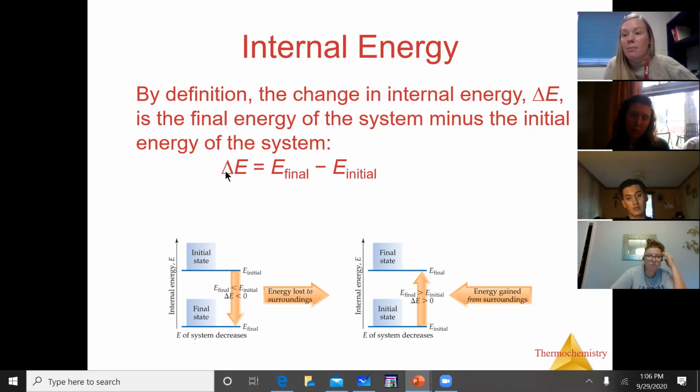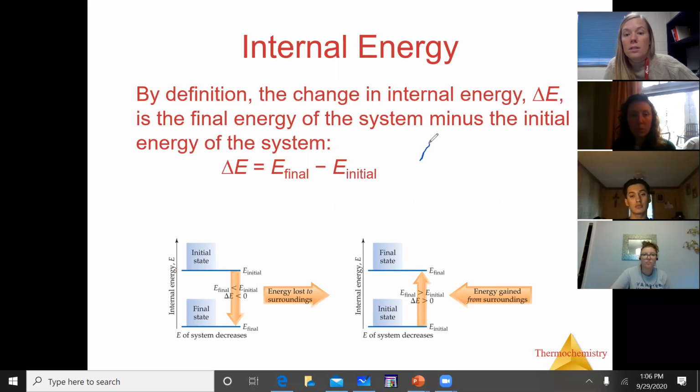Positive change in E, or delta E, means that we have put energy into the system. If for some reason our final energy is smaller than our initial energy, we'll see that the initial will end up being a larger number. That means that we'll end up with a negative delta E value, which means that energy has been lost or put into the surroundings, or the system has lost energy.